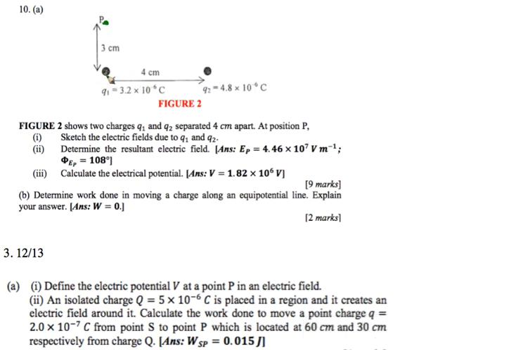The first comes from Q1, because Q1 is a positive charge, so the direction of the electric field is upward. Q2 is also positive, and its electric field direction is also upward.